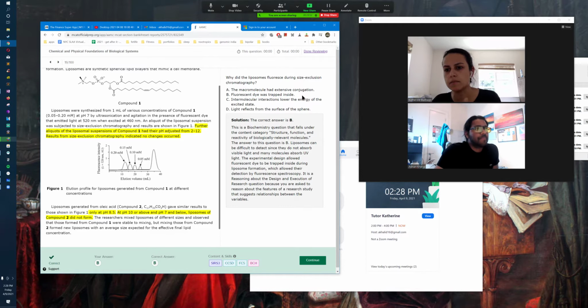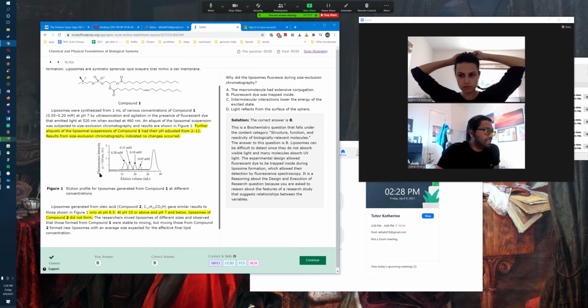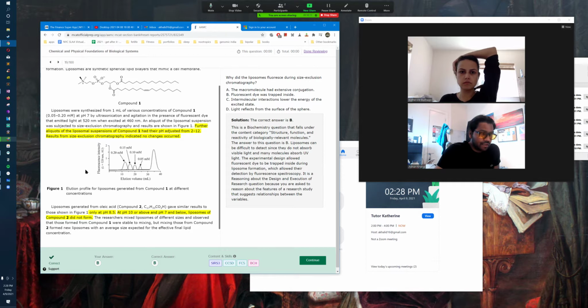Yes. But that's something I found out after I actually looked up size exclusion chromatography. You don't even need to know size exclusion chromatography, because all it's saying is, you see where I drew the dye inside.